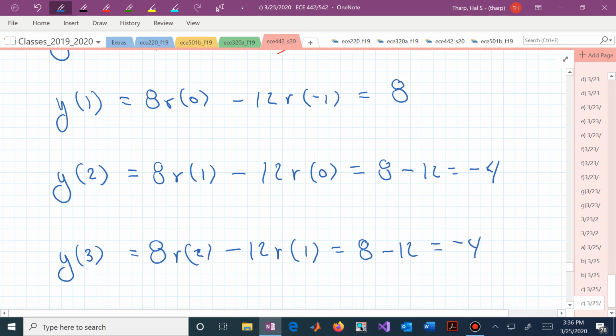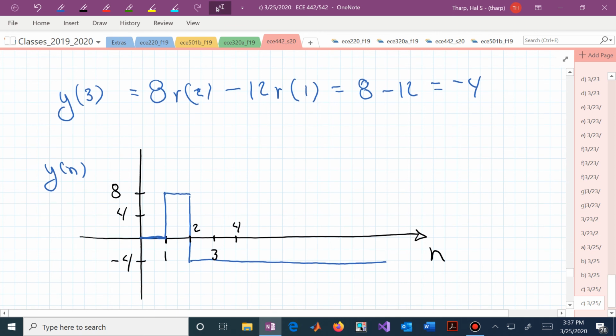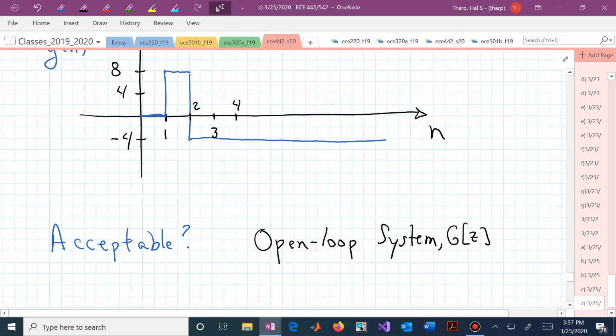And as we said, after 2 sample periods, we've now locked on to our steady state value. We had to wait 1 sample period. We stayed at 0 in y of 0. Then at time 1, we shot up to 8. Then at time 2, we went down to minus 4, and now we're just going to stay there at minus 4. And we knew that already based on examination of our closed loop transfer function, capital T sub c of z. Acceptable?